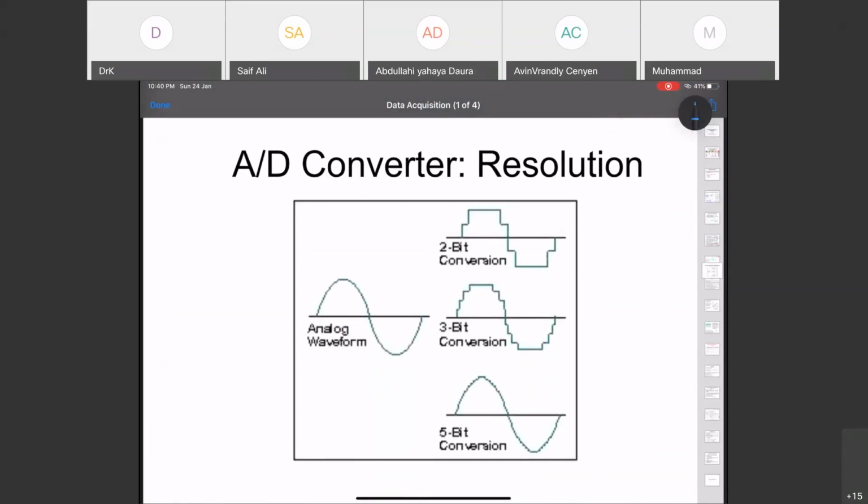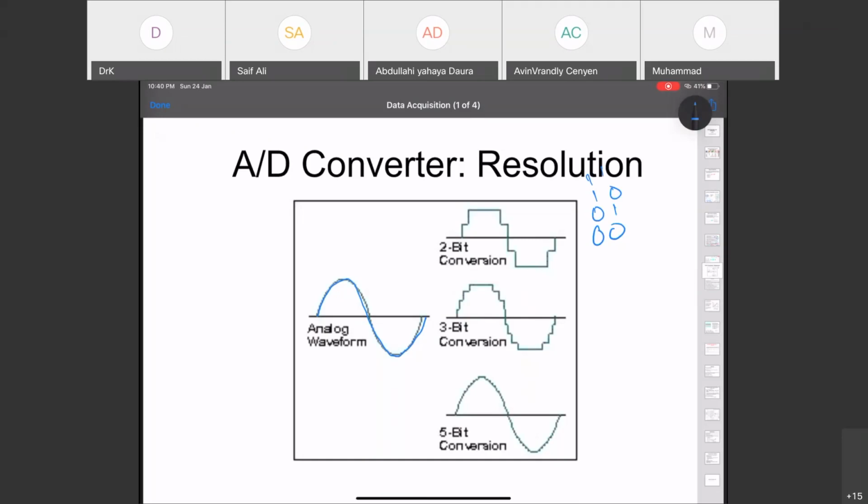Yes, I will continue. So this slide defines the resolution, and the effect of choosing the wrong resolution for your ADC system. For example, here you have a very nice analog waveform. Say you use an ADC with 2-bit resolution. 2 bits means you have 00, 01, 10, 11.